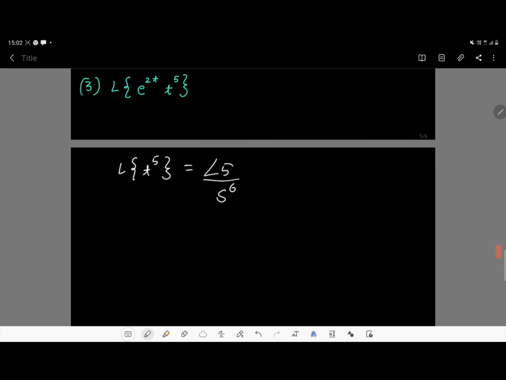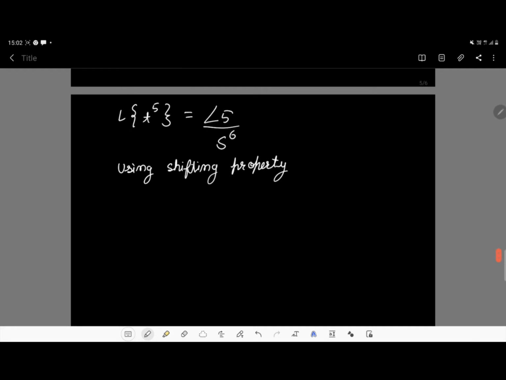So now we will shift it, I mean we will use shifting property. So using shifting property, now Laplace transform of e raised to power 2t into t raised to power 5. Now to shift it, we are shifting it by 2 because it is 2t, right?